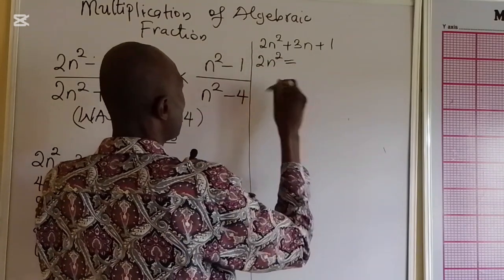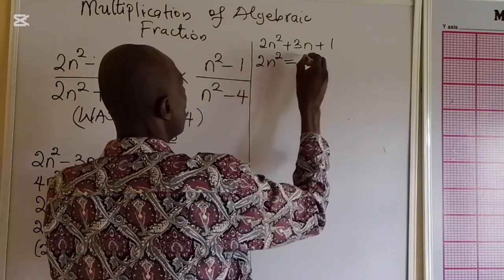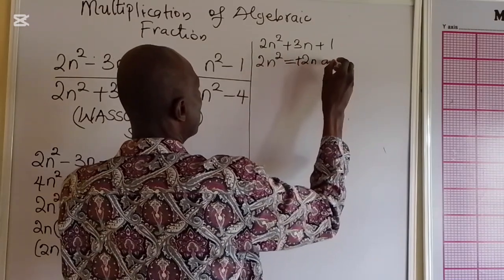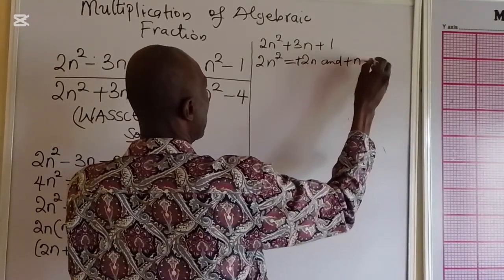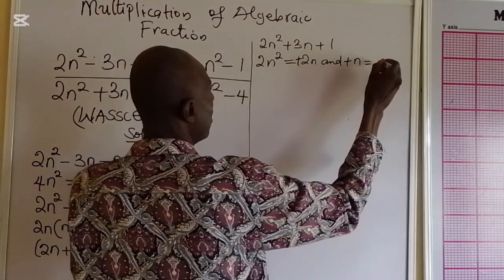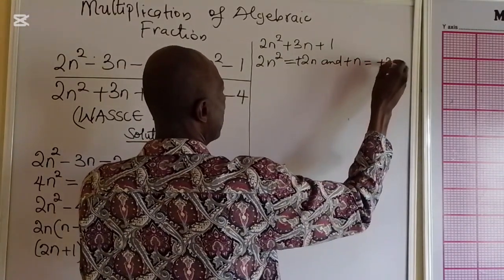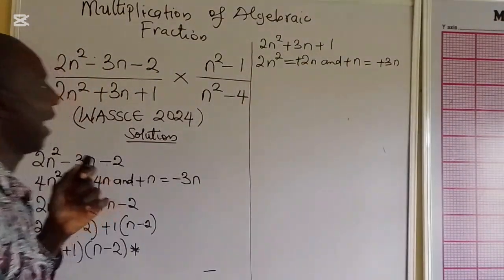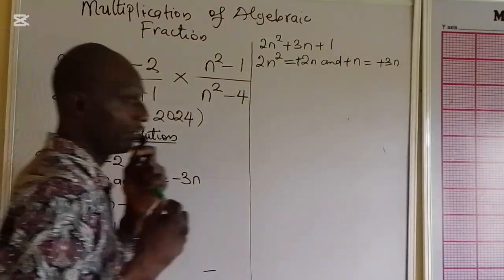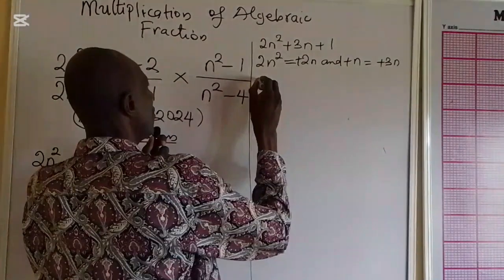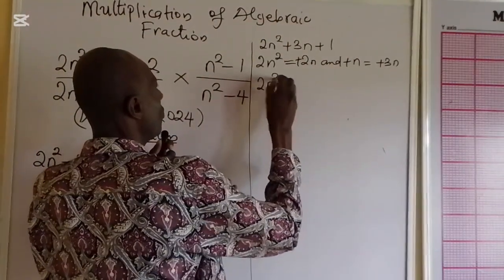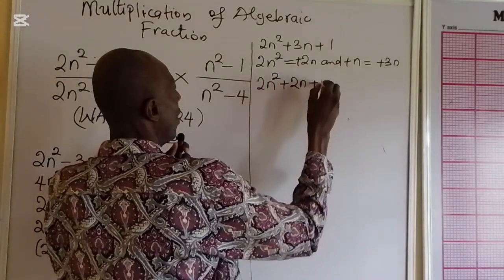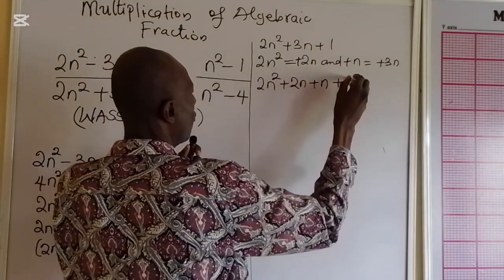Now, what are the two numbers that multiply to give 2n² and add to give +3n? They are +2n and +1n. So in place of 3n, I'll put +2n and +1n. So 2n² + 2n + n + 1.